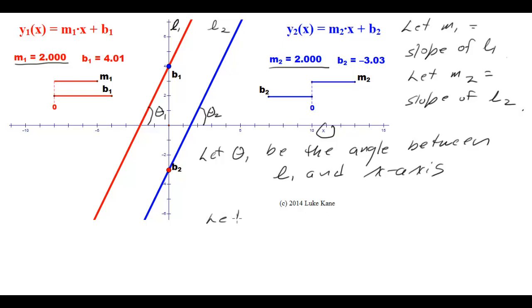And we let theta 2 be the angle between L2 and the x-axis.